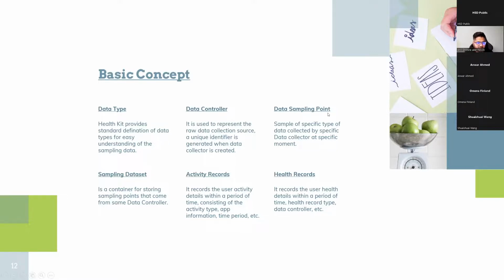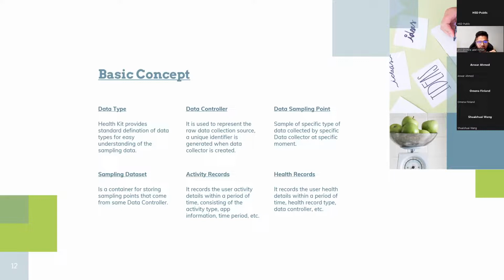A data sampling point is data collected by a specific data controller at a given moment. For example, for this given 5 minutes from now, if we collect any data from the data controller, that would be a data sampling point.